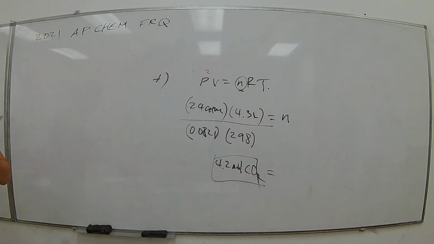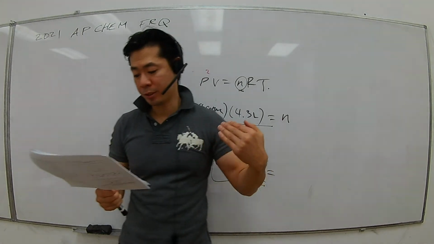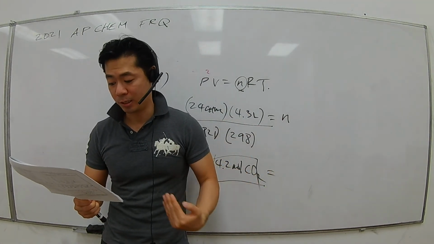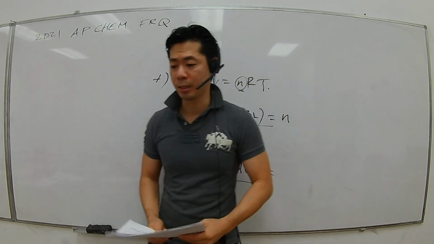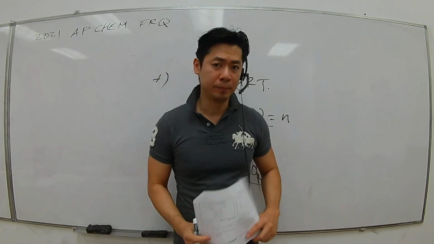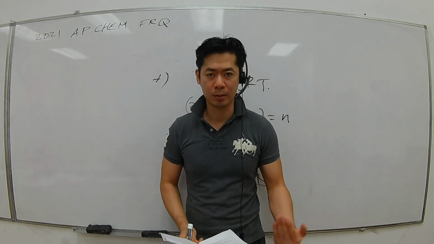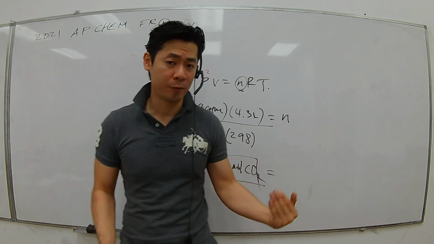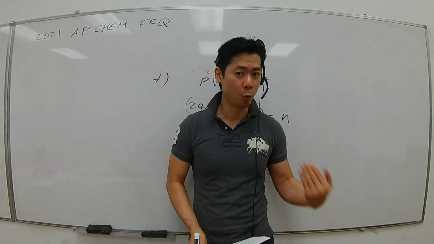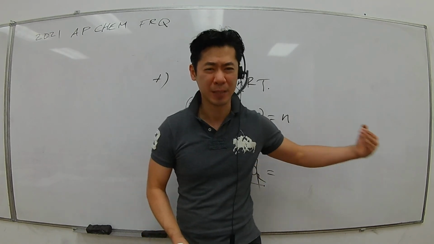Okay, part G. The question is asking, after the reaction has proceeded for several minutes, does the amount of catalyst increase, decrease, or remain the same? As you guys know from AP Chem, the main role of a catalyst is to provide a different pathway for a reaction with a lower energy of activation, so the reaction proceeds with greater speed.